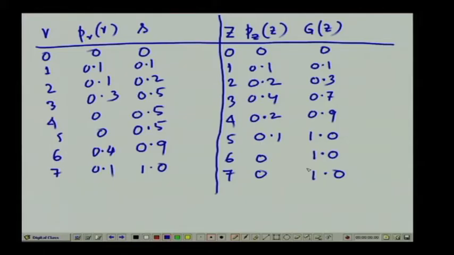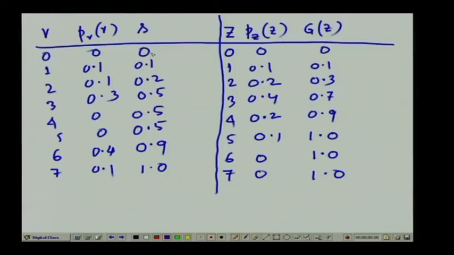Now, following the same procedure, to map from R to Z, first I have to map from R to S, then from S to Z, and for that I have to find the minimum value of Z for which G z minus S is greater than or equal to 0.